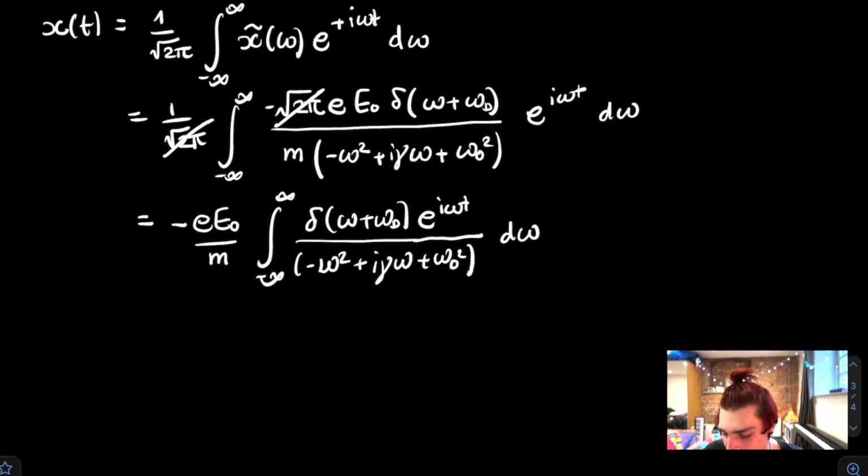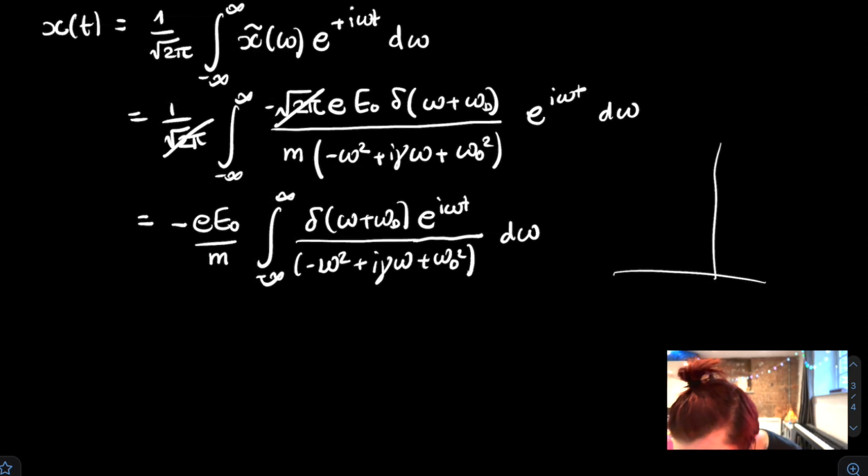Or to be more precise, this is the frequency at which the delta function diverges to infinity, where it spikes. And it only spikes at this one value, which in our case is minus omega d, because when we have Dirac of minus omega d plus omega d, we get Dirac of 0, which is, of course, an infinite spike. That's how it's defined.